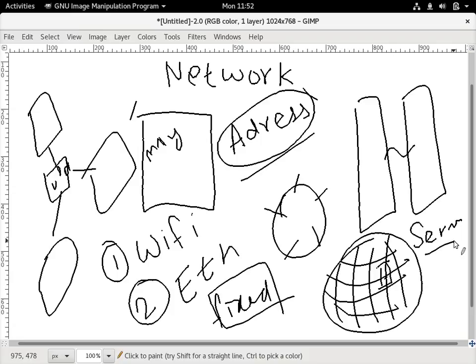But there are some IP addresses which can be changed based on their usability, and they are called dynamic IP addresses. So there are two types of addresses that an interface will have: fixed or dynamic.